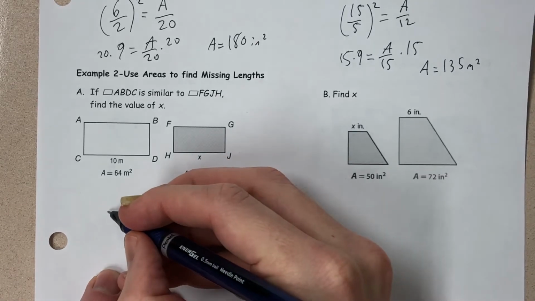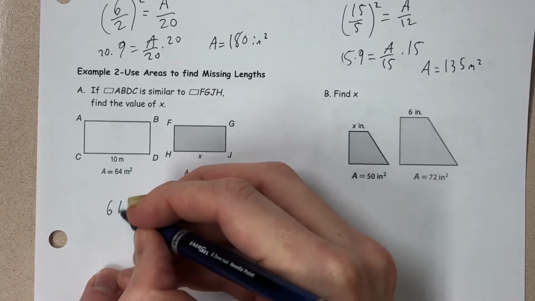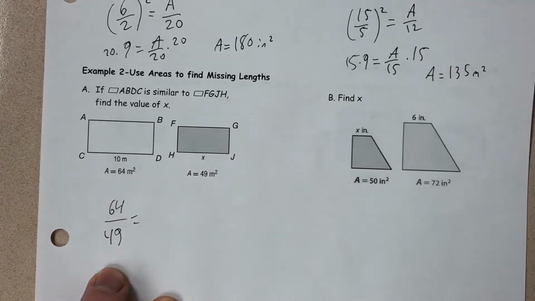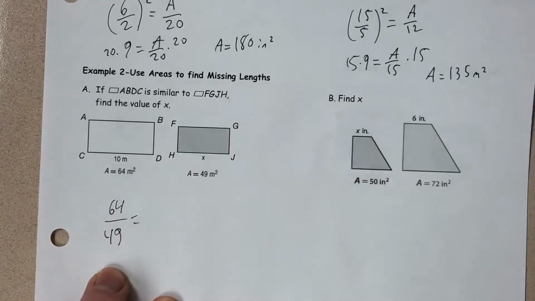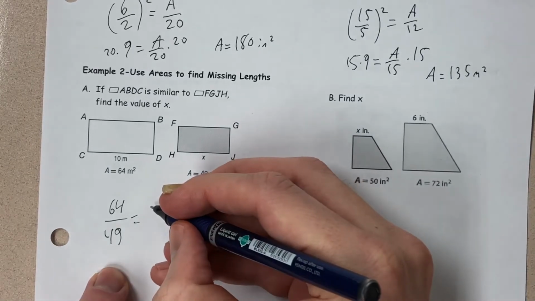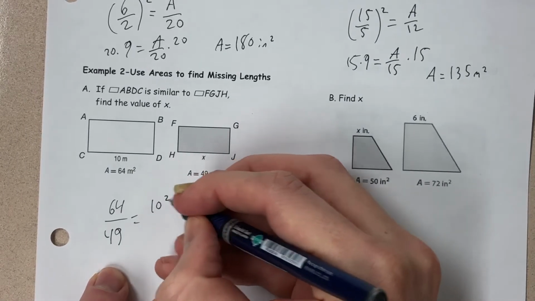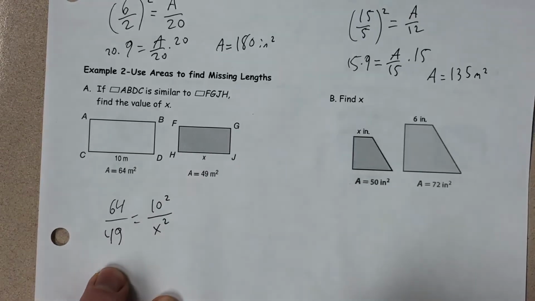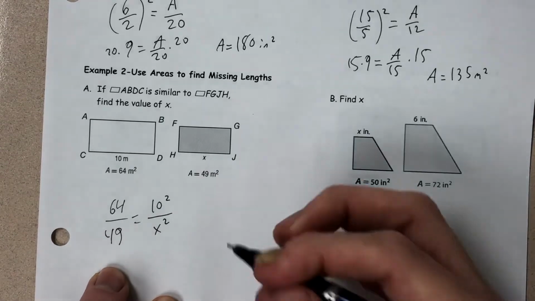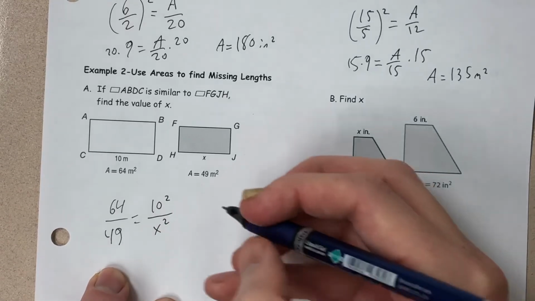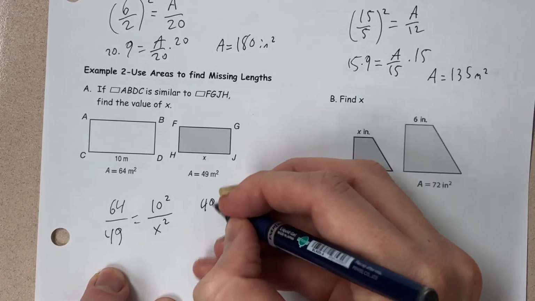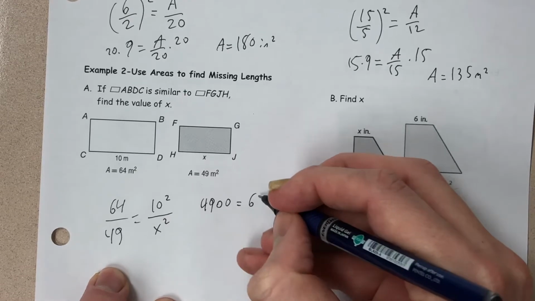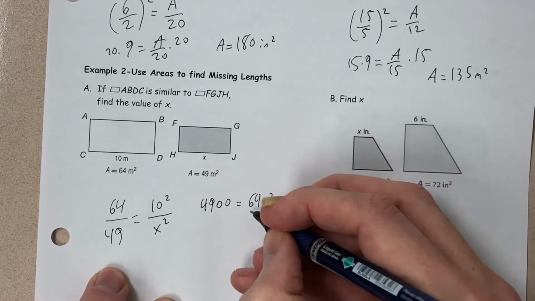So because the areas are proportional, so we have 64 over 49, we know that the side lengths squared are proportional as well. So in this case we would have 10 squared over x squared. So if we cross multiply here, I get 4900 equals 64x squared.